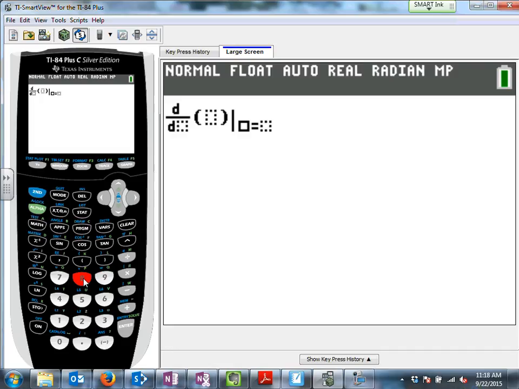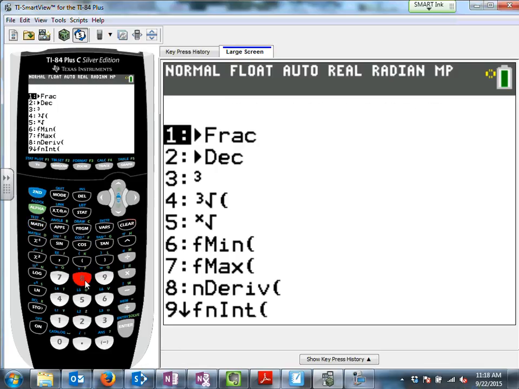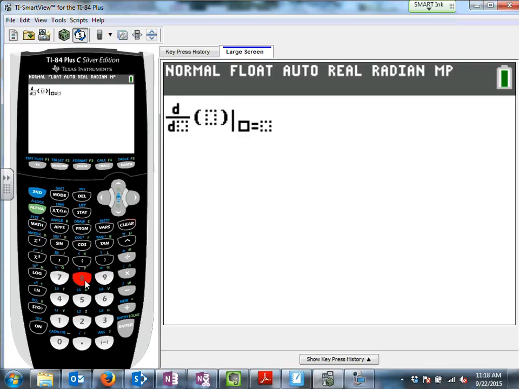We're finding the derivative with respect to x, so d/dx. We're taking the derivative of 6 minus x squared. That slash, remember, means evaluated at x equals 2.